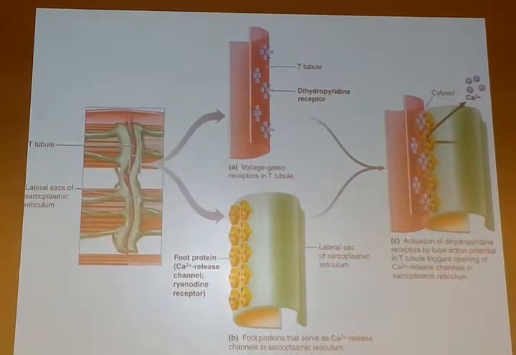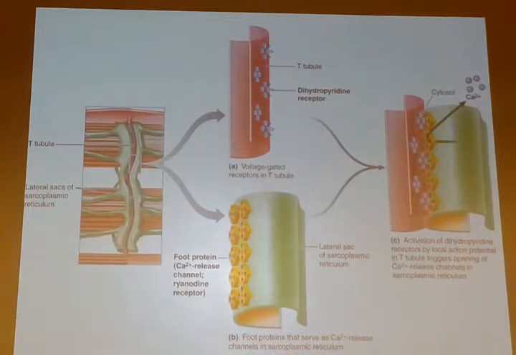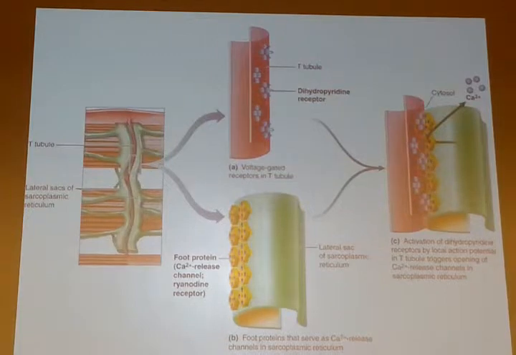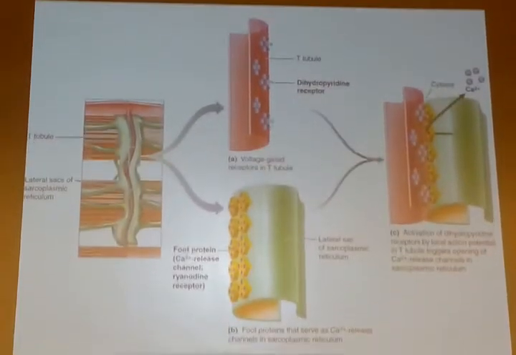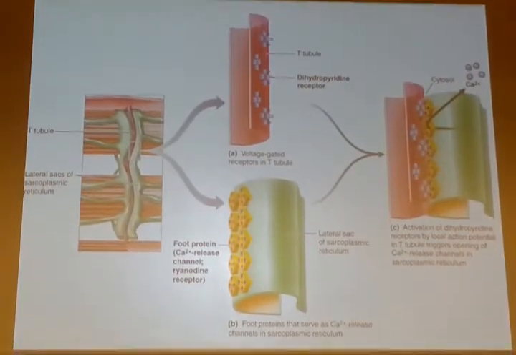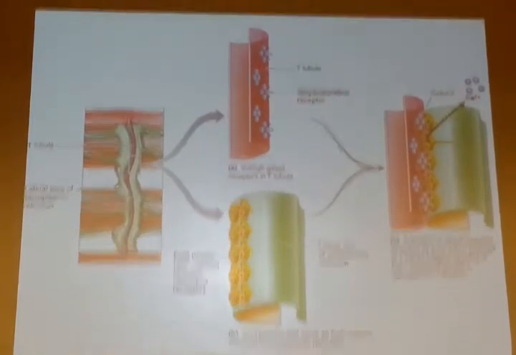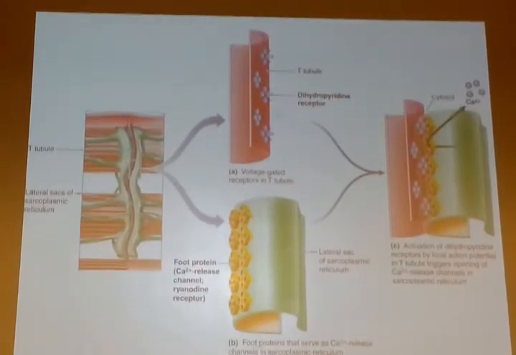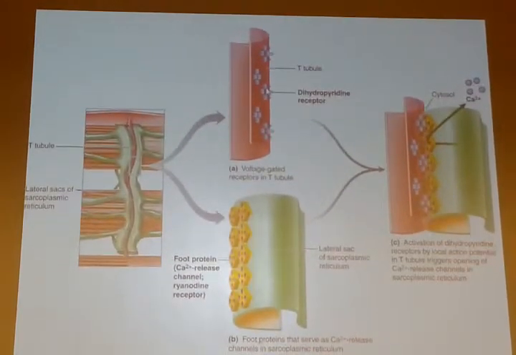They are named dihydropyridine receptors because that molecule binds to these proteins. So it's an irrelevant name, but it's relevant if you're a chemist. But physiologically, it has nothing to do with dihydropyridine. It's just that's what can bind to these proteins. The dihydropyridine receptor will be activated by the action potential.